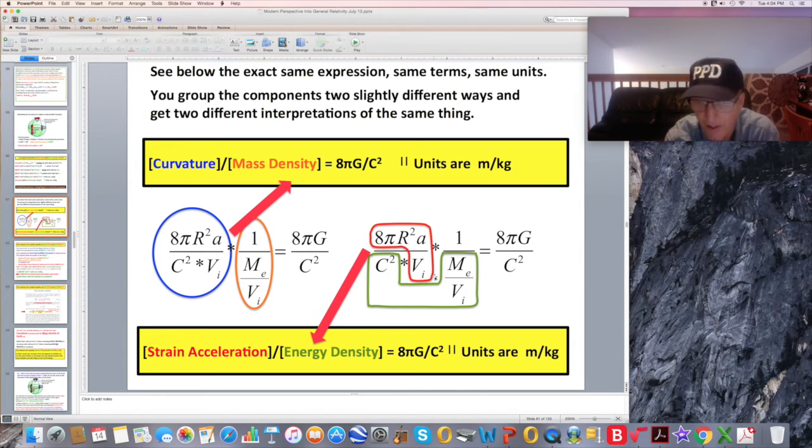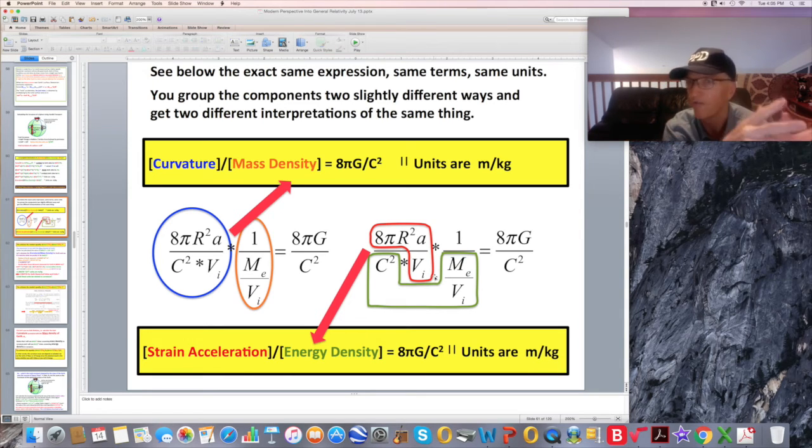And the units are still mass divided by kilogram. Just by grouping it differently, you have that expression in terms of stress and strain.